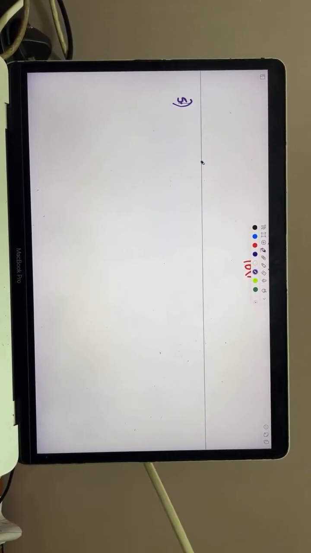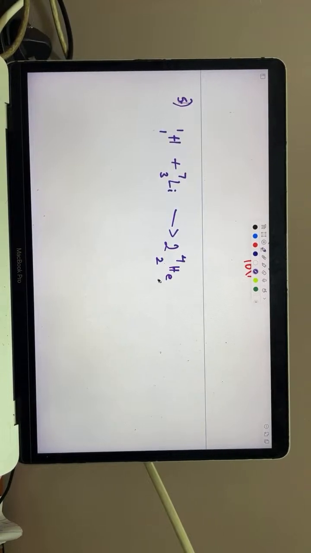Okay, so now we have this reaction. We have hydrogen 1 plus lithium 7 to give 2 molecules of helium 4 2. Don't mind the way the diagram was drawn.